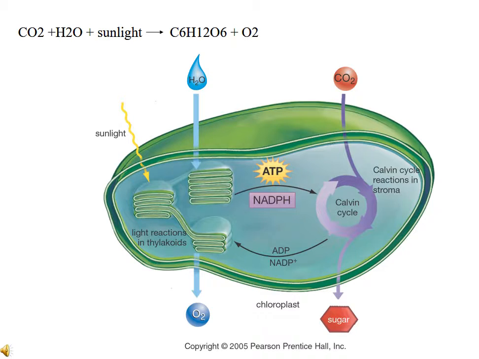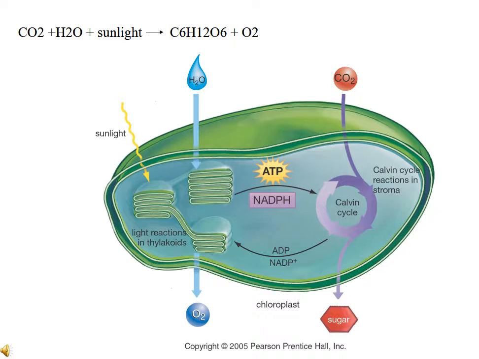So let's now look at the process of photosynthesis. We are looking at a chloroplast, and the chloroplast is where the action takes place. First of all, let's look at our formula. Carbon dioxide plus water plus sunlight produces carbohydrates and an important product, of course, oxygen. Without this process, there would be no oxygen present in the air.